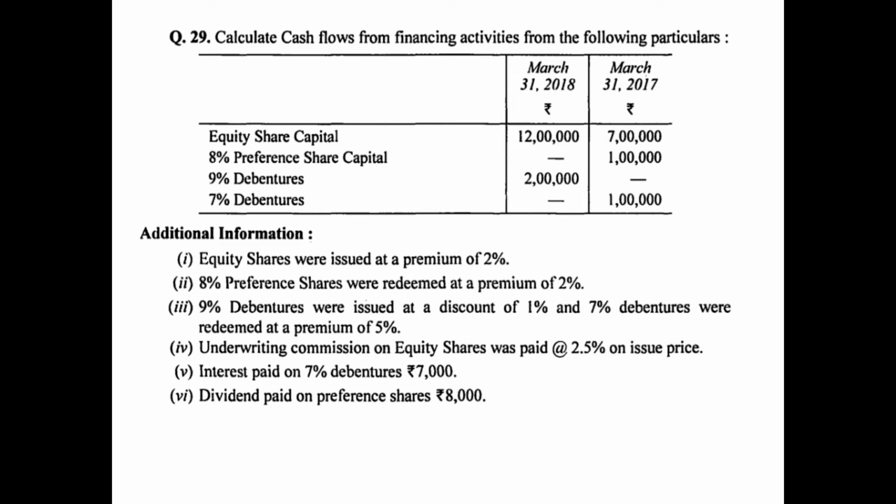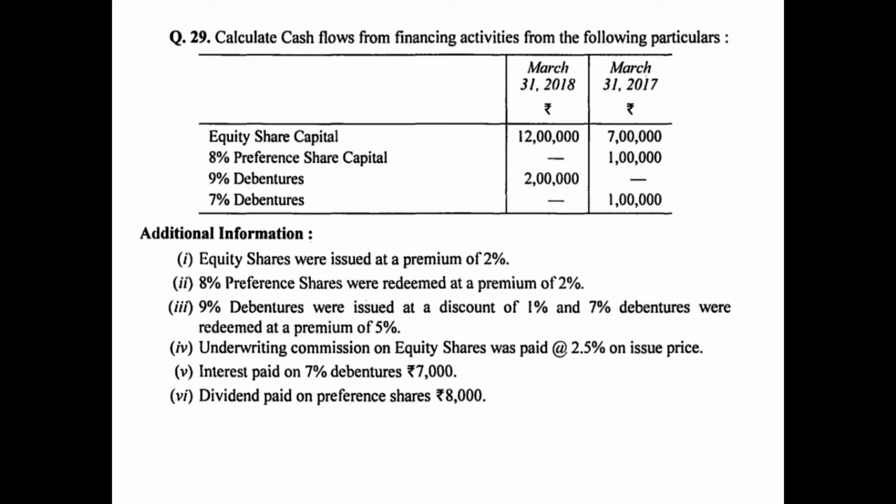The third point, 9% debentures were issued at a discount of 1% and 7% debentures were redeemed at a premium of 5%. So there are two categories of debentures, one is of 9% and one is of 7%. So the question says that 9% debentures were issued at a discount of 1%. As we can see, last year there was no 9% debentures, but current year the face value of 2 lakh rupees 9% debentures has been increased.